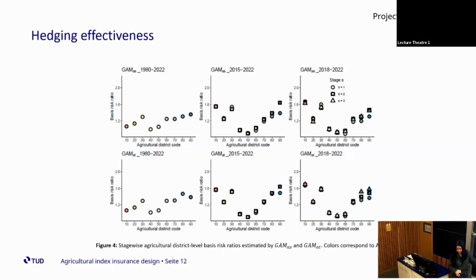For some agricultural districts, the indices we have chosen are good, but for some, such as numbers 40 and 50, you see the basis risk ratio is always very low. It seems that we have a phenomenon called good indices in bad zones. So it calls for location-tailored contract or product design in the future.